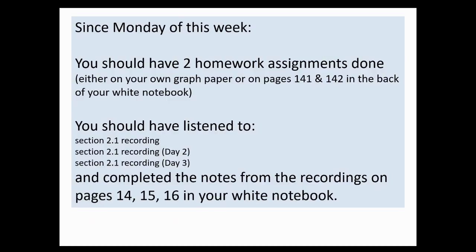Since Monday of this week, you should have 2 homework assignments done, either on your own graph paper or on pages 141 and 142 in the back of your white notebook, where I put some extra graph paper for when we do have homework that's for graphing. And you should have listened to the section 2.1 day 2 recording, and this is the 2.1 day 3 recording.